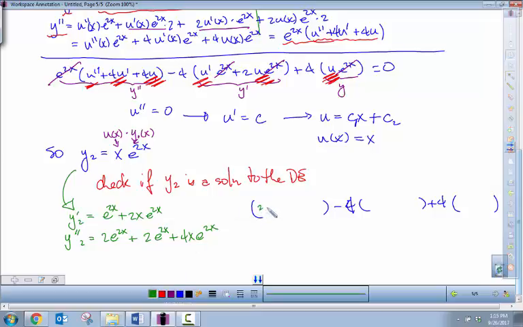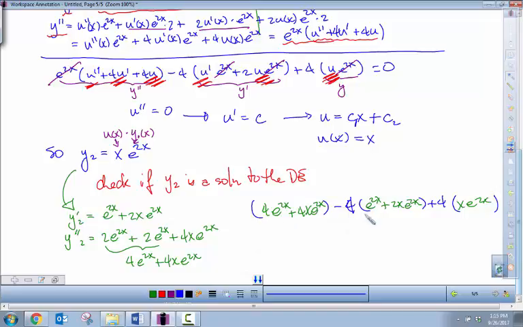So this is 2e to the 2x plus 2e to the 2x plus, oh, I should have combined that first. So let's try that again. This is 4e to the 2x plus 4xe to the 2x. That's double prime. The prime is e to the 2x plus 2xe to the 2x. And then the original function is xe to the 2x.